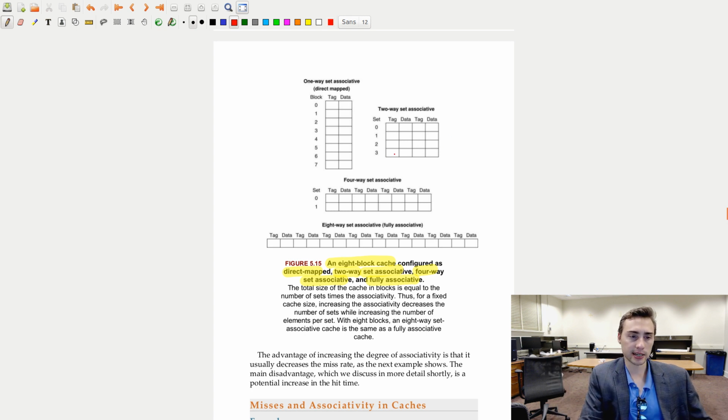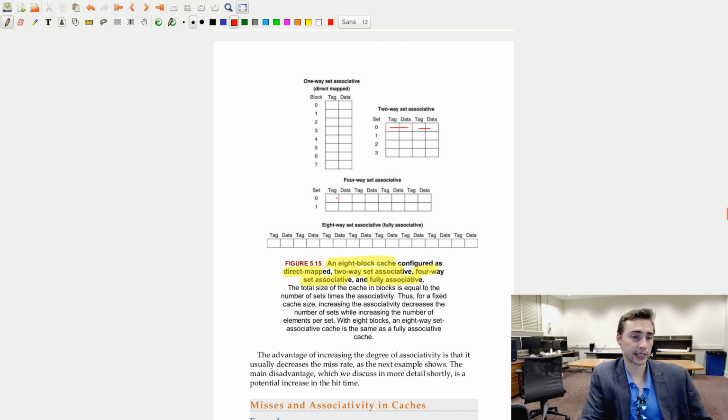In a 2-way set associative, we can be a little more flexible. We can pick one of 2 spots to store our data instead of just one, but that means we have to search 2 places.